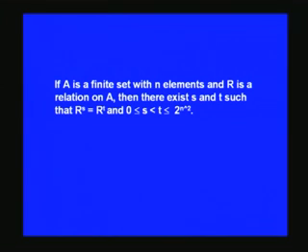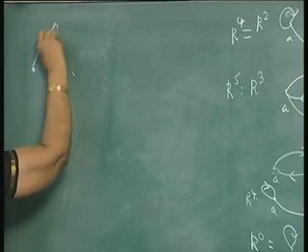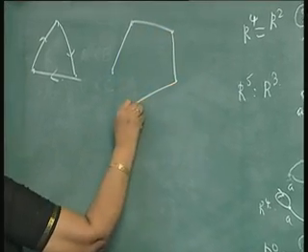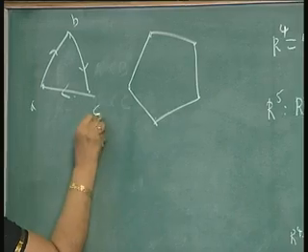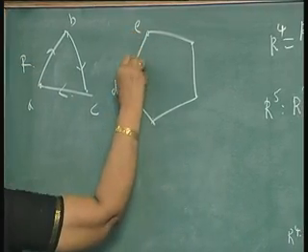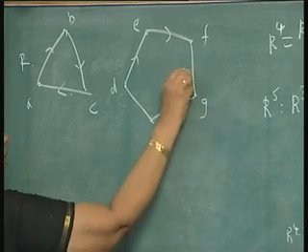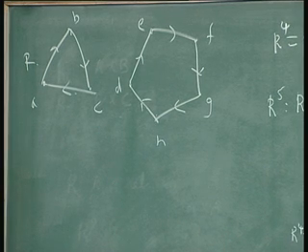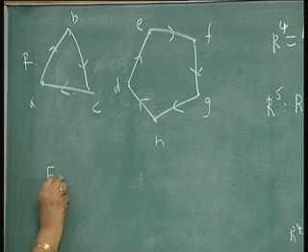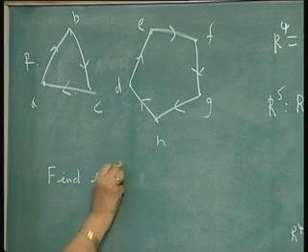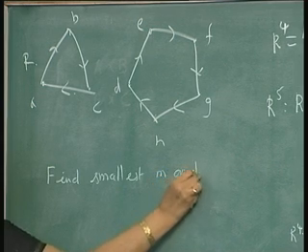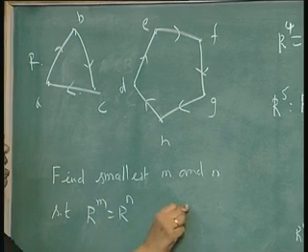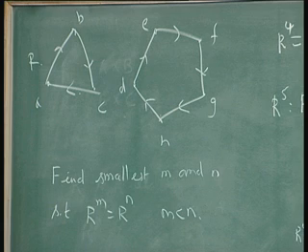Look at this relation with 8 elements A, B, C, D, E, F, G, H. A relation is represented by this R. Now, find the smallest m and n such that R power m is equal to R power n, m less than n. How will you tackle this problem?